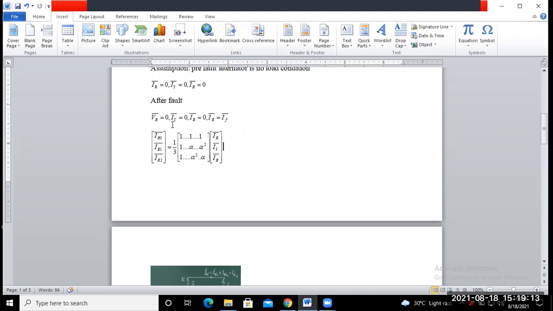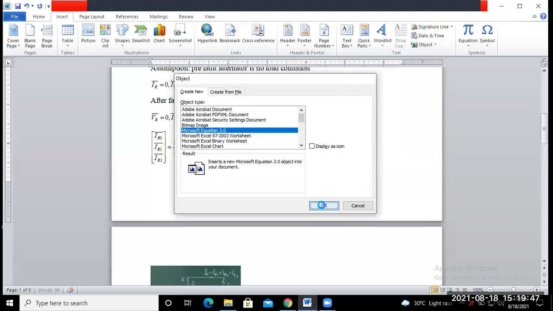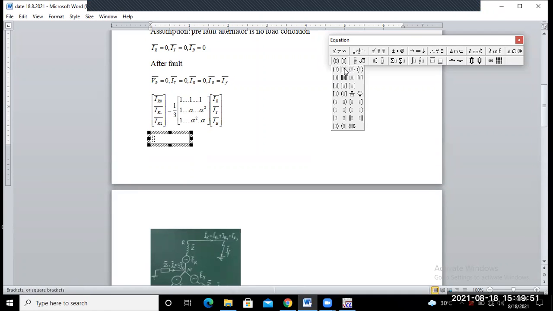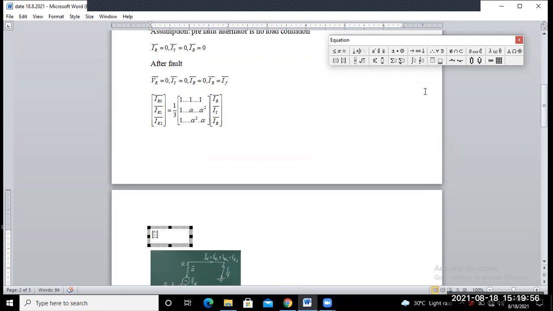That means IR equals IF, IY equals 0, and IB equals 0. Put these in this equation and solve for the sequence currents IR0, IR1, IR2. So this equation becomes IR0, IR1, IR2.